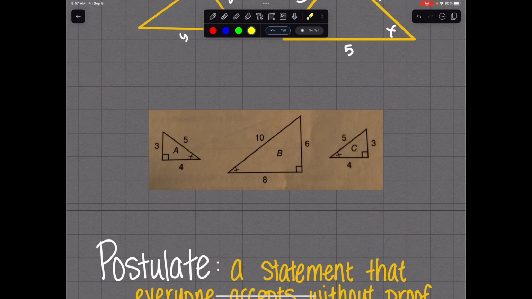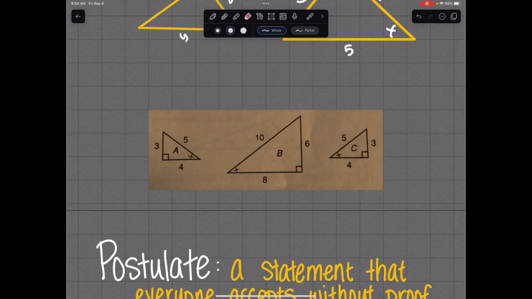And so that means that this is a scale factor. Triangle B is a scaled version of A. And you could say that the scale factor from triangle A to triangle B is 2. Or you can say the scale factor from triangle B to triangle A is 1/2.